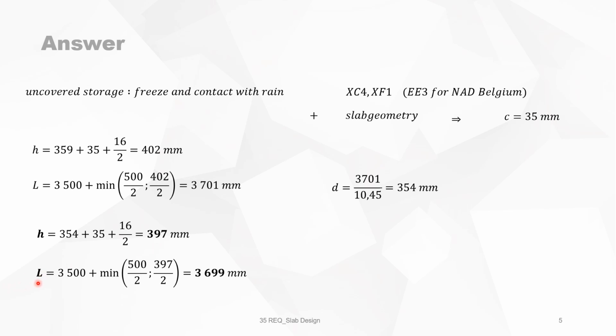Again, we check the effective span of the two. We have 3,699. And when we calculate again the d that we need, we arrive at the same. So the iteration stops here. So d equals 354 millimeters.